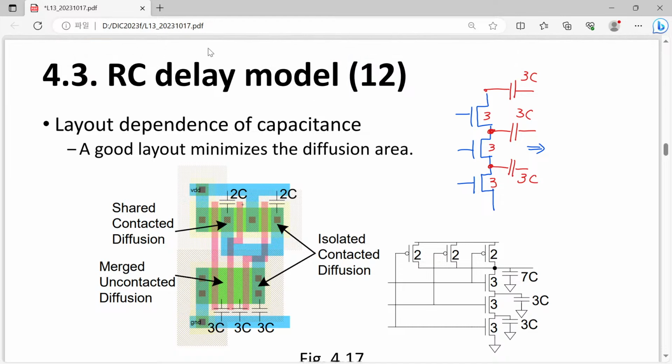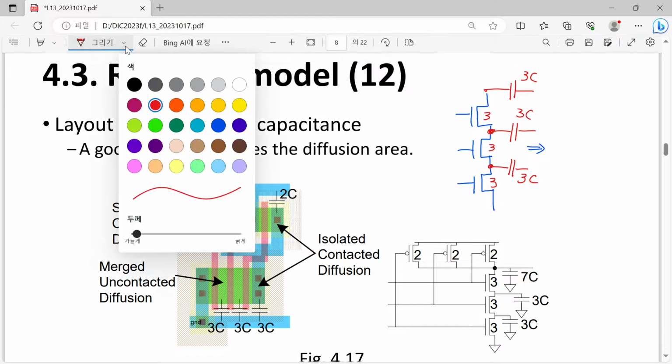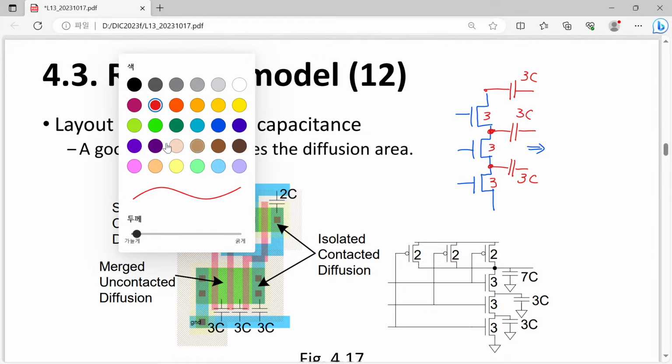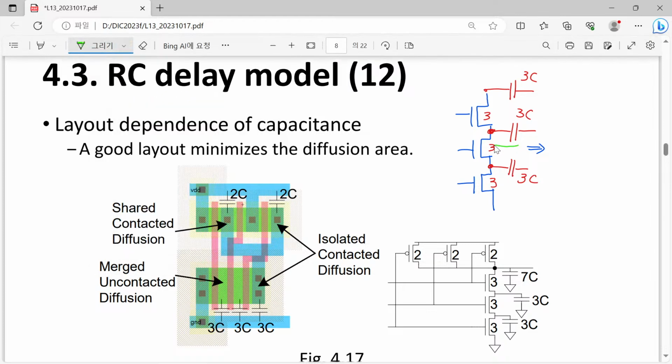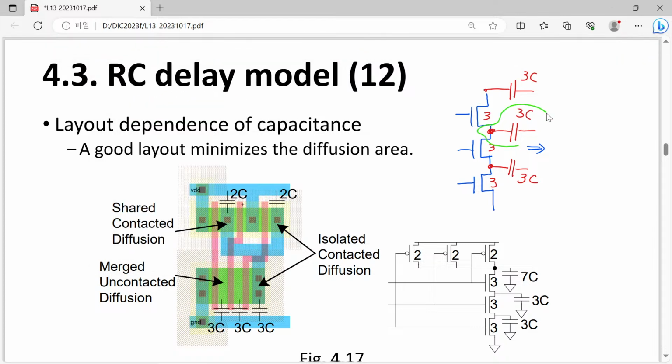His question was like this. Here we have 3C.